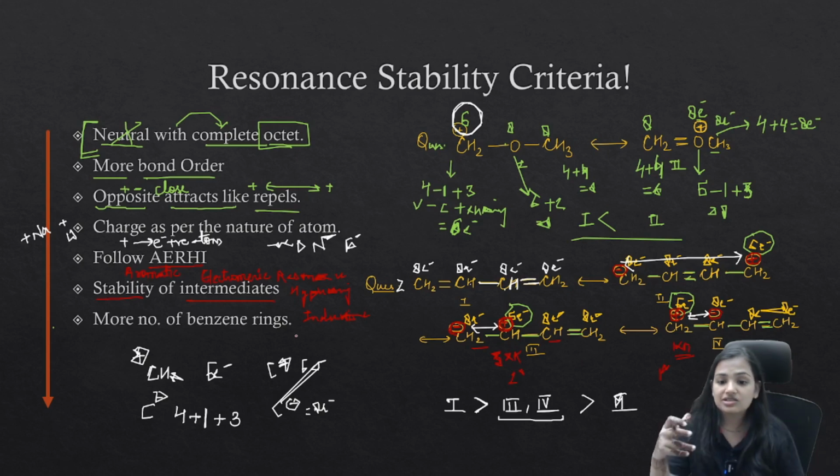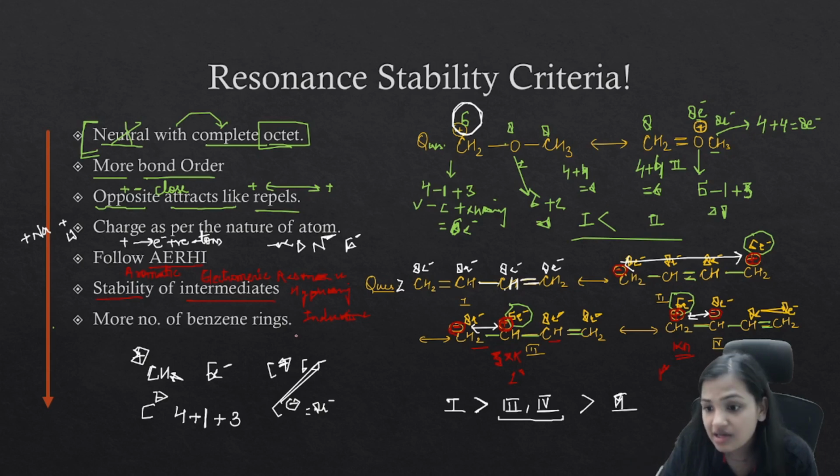So if I ask you about the stability of the reaction intermediates, your answer would be, ma'am, the 2-degree carbocation is much more stable than the 1-degree because of the more number of alpha hydrogens. Both of them are resonance stabilized, but this is a more stable carbocation. So because of that reason, third is going to be more stable than the fourth one.